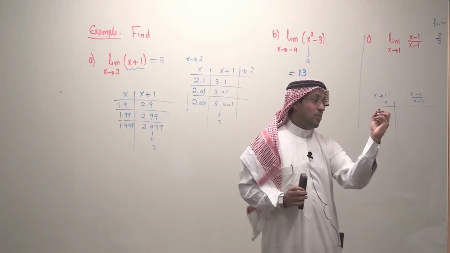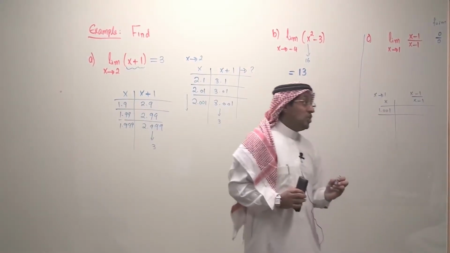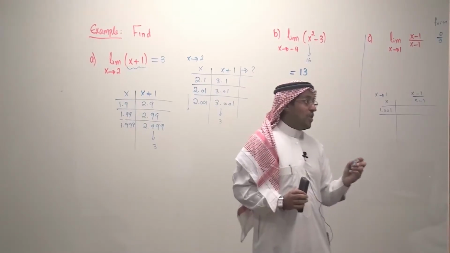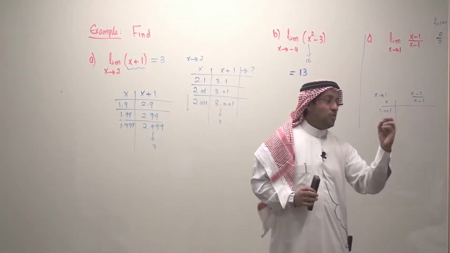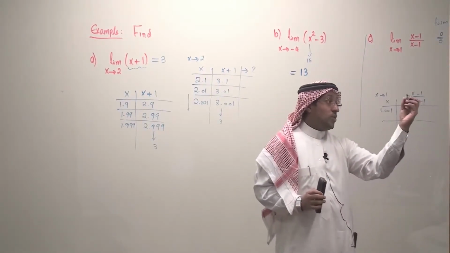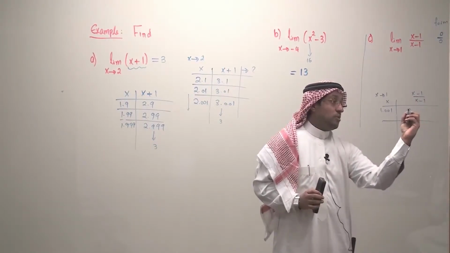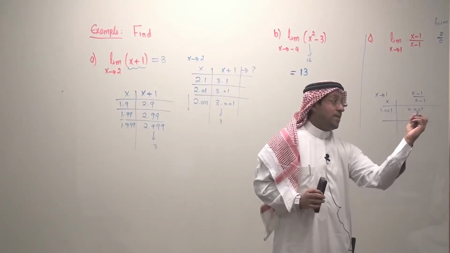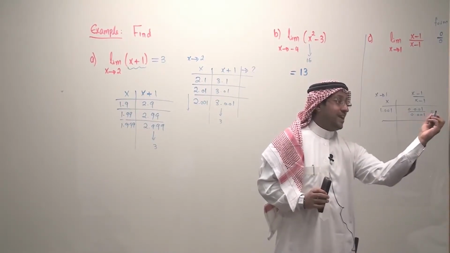Say, for example, 1.001. This is very close to 1, right? When you just substitute in here, it will be 1.001 minus 1, so this will be 0.001 divided by 0.001, which is exactly 1.